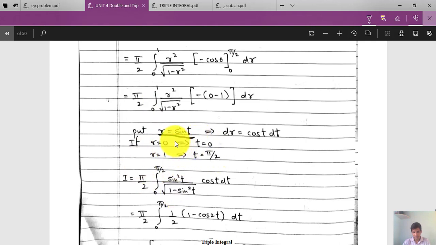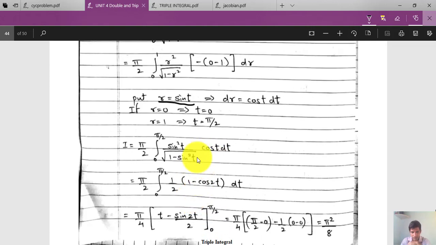So the integral is from 0 to pi by 2, with r square being sine square t, and the square root of 1 minus r square, and dr being cos t dt. After substitution, this turns out to be sine square t divided by the square root of 1 minus sine square t, times cos t dt.